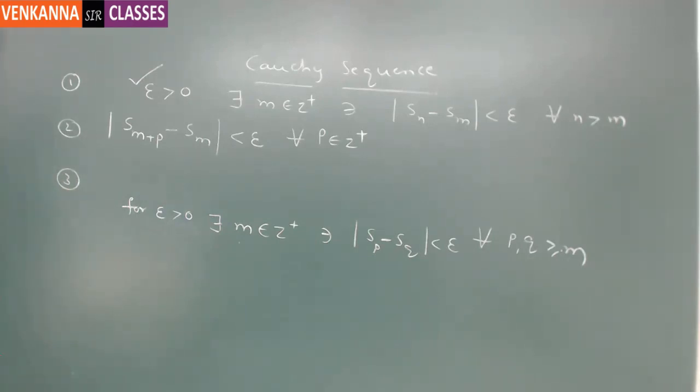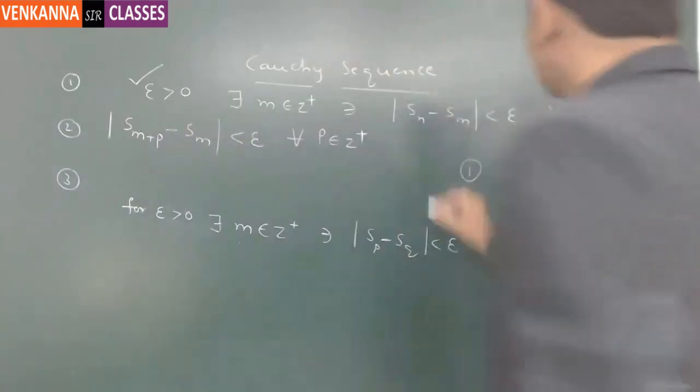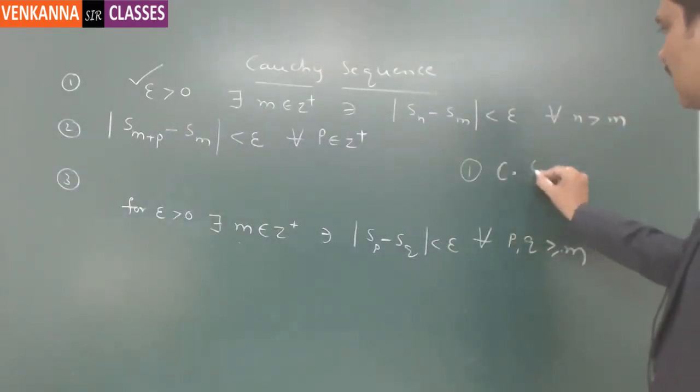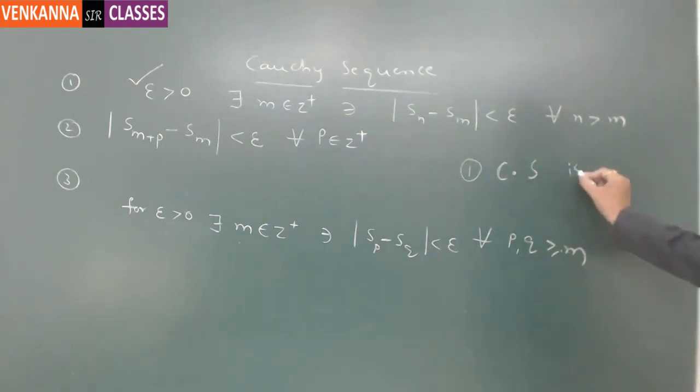Sometimes it is not useful, or it is very difficult to write the entire procedure in proving that a sequence is convergent. The properties of Cauchy's sequence say that every Cauchy's sequence is convergent.